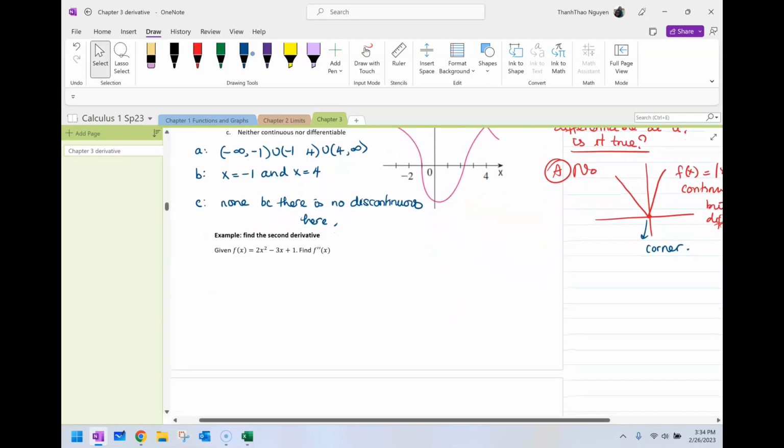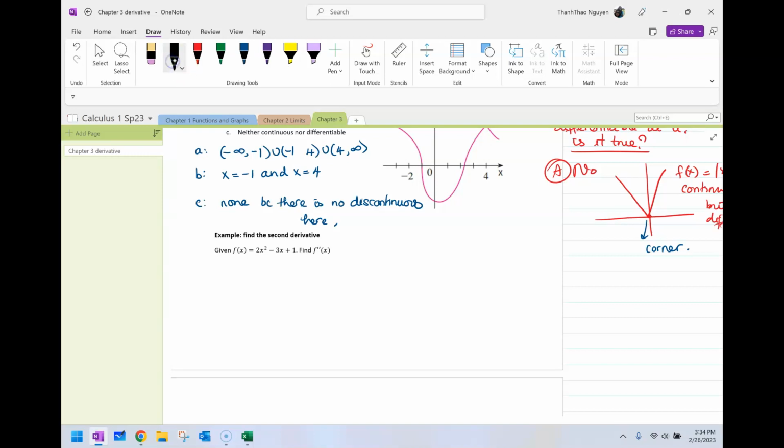So what is meant by the second derivative? The second derivative means we take the derivative twice. The third derivative means we take the derivative 3 times. Okay. For the second derivative, first we need to find the first derivative.